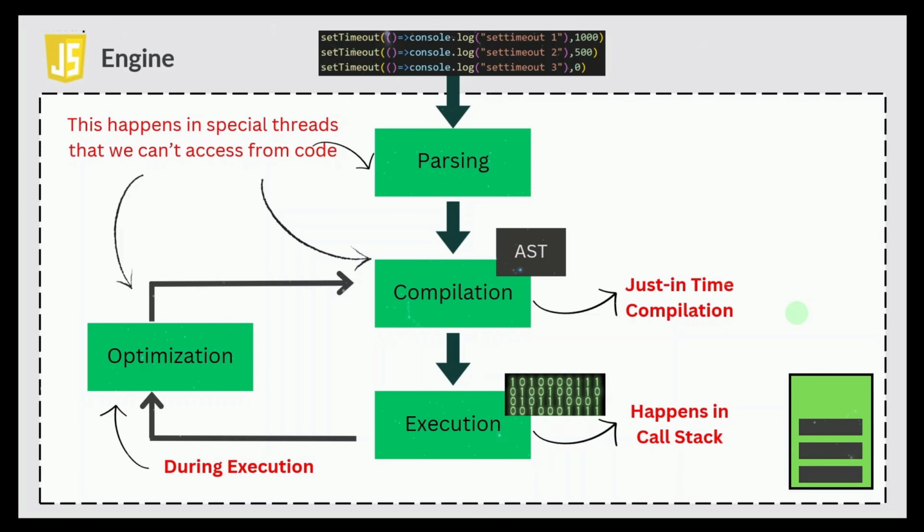Now, as I mentioned, each and every browser will have a JavaScript engine. The implementation will be different, but this is how just-in-time compilation will be working for JavaScript. Now, I hope you have a very high-level overview of how our code is compiled into machine code.